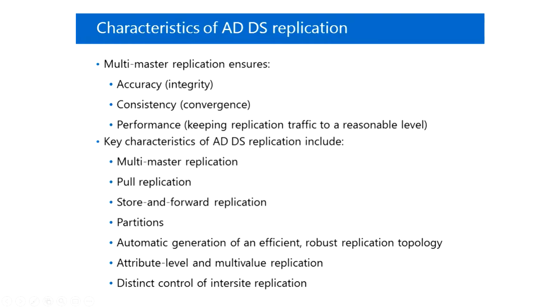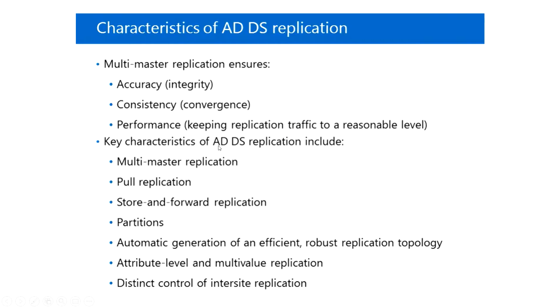So let's see the characteristics of AD DS replication. There will be multi-master replication that ensures accuracy and consistency, and performance that keeps the replication traffic at a reasonable level.